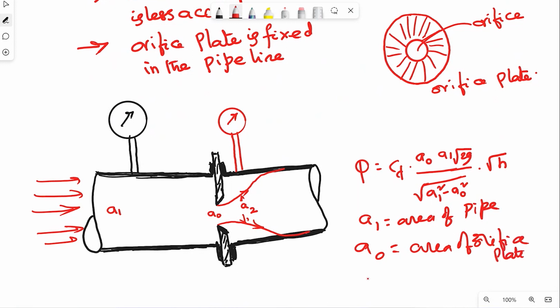Then CD is the coefficient of discharge, and this CD value for the orifice meter will be approximately 0.6. Kindly remember that this is very, very important. For the venturimeter it is around 0.96 to 0.98, whereas here CD is 0.6. Again, H is P1/γ minus P2/γ, same. So this is the orifice meter.